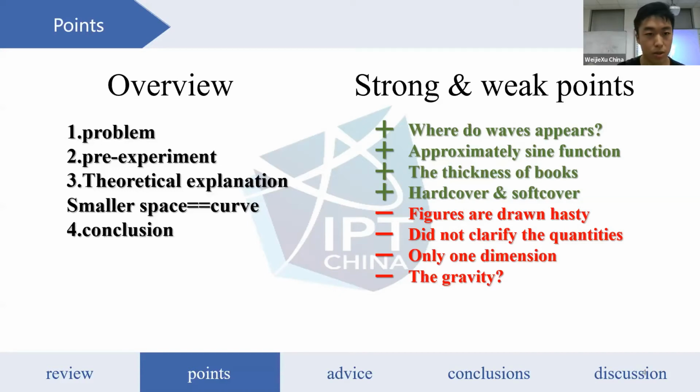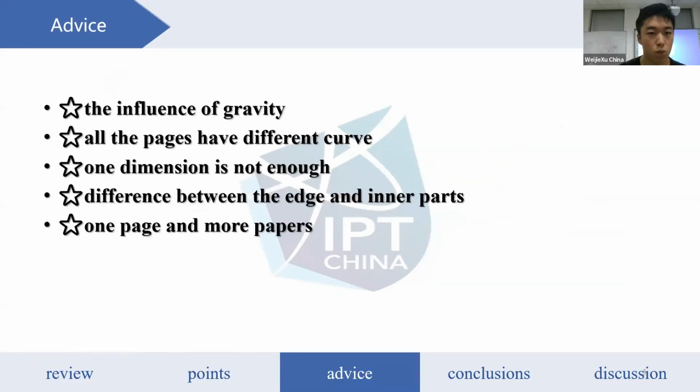And next page. So I want to give some advice. The first is that not all the pages have the same curve, and it can't be simple. One dimension is definitely not enough.